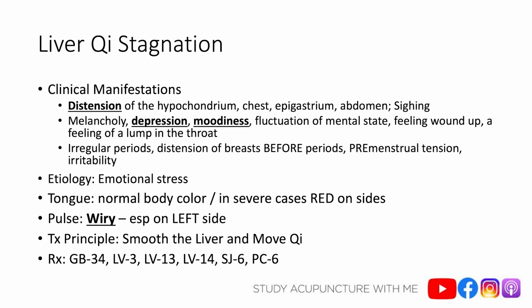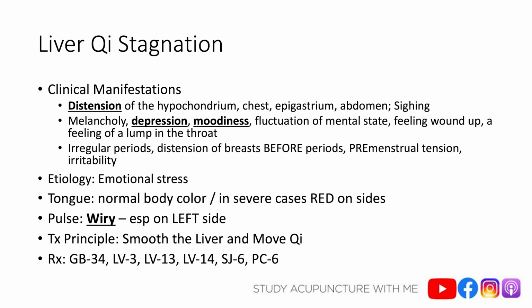When you look at your patient's tongue, you see a normal body color. When you look at their pulse, you find a wiry pulse. And in your subconscious, you're seeing, okay, there's no redness, so there's no heat. There's not a rapid pulse, so there's no heat. So that's why it's a stronger conclusion for liver qi stagnation.